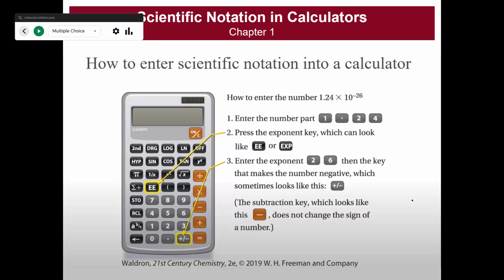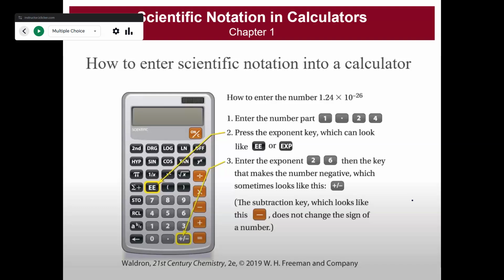Use that button instead, because if you use the times 10 to the something button, then you risk your order of operations and getting it wrong, because if you don't use parentheses correctly, it could get mixed up. If you use the EE or EXP button, you don't have to worry about the parentheses.